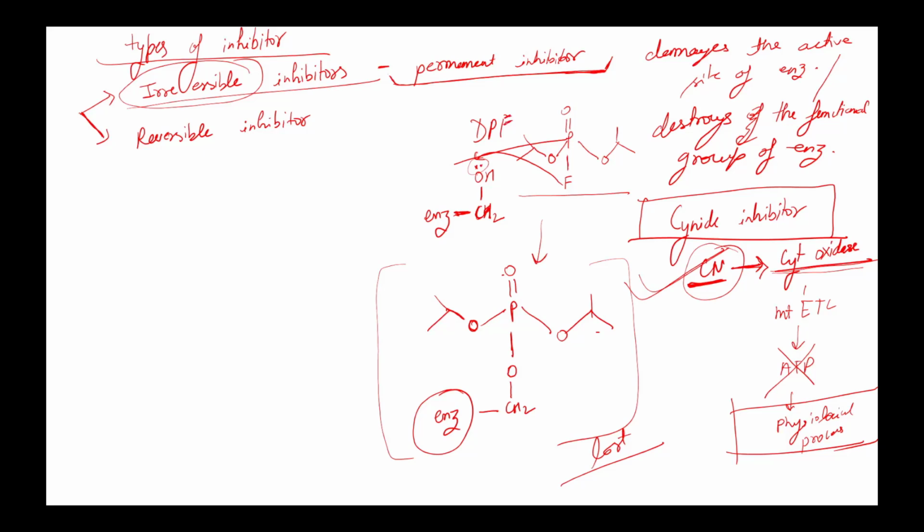Other than that, we have suicidal inhibition in the irreversible inhibitor category. Suicide inhibitors are a specialized kind of irreversible inhibitor, which is also called mechanism based inhibitor.